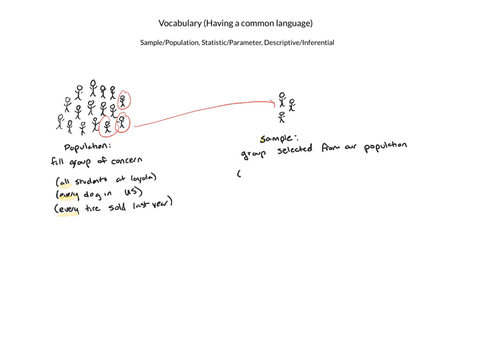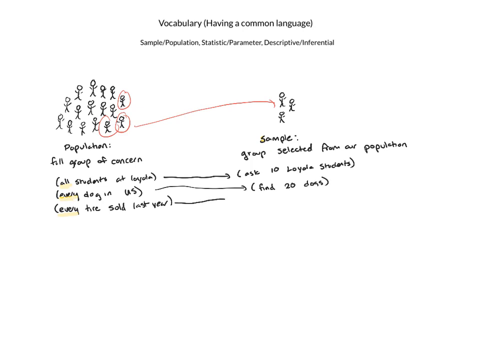For instance, if I want to find out about all students at Loyola, I might ask 10 Loyola students. So 10 Loyola students would be my sample. I can't find all the dogs in the U.S., so we might find 20 dogs.